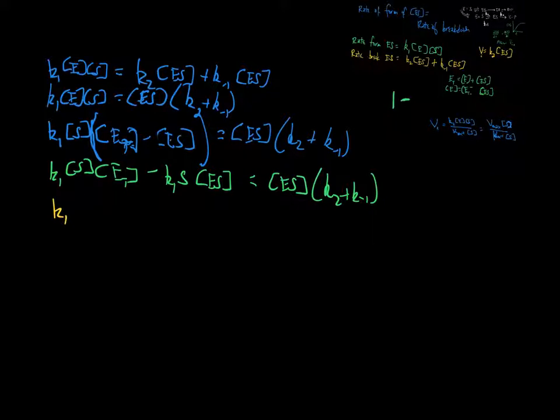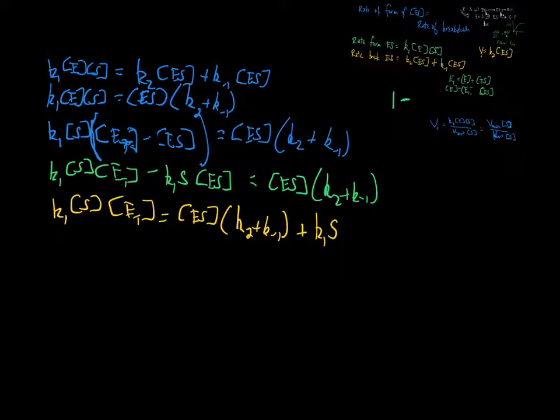So K1S times ET is equal to everything that was there before, plus K1S, and that's supposed to be concentration of S. See, I told you I'd lose my brackets as we go along. Times ES.